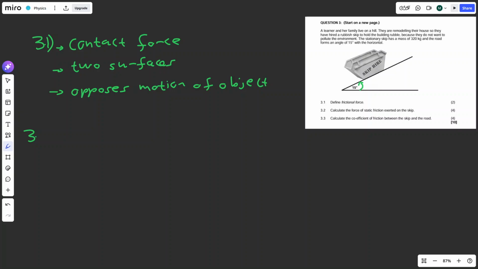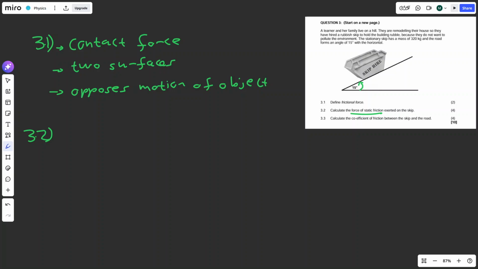Now let us go to the next question. In question 3.2, we want to calculate the force of static friction exerted on the skip. But before we go ahead and do it, I firstly want to differentiate between the types of frictional forces. There is static friction, which applies to this scenario we have here, where we have our object which is in contact with the surface, but that object is not moving.